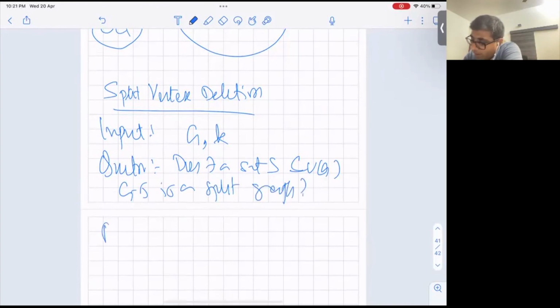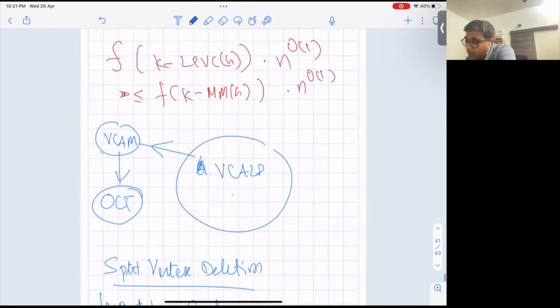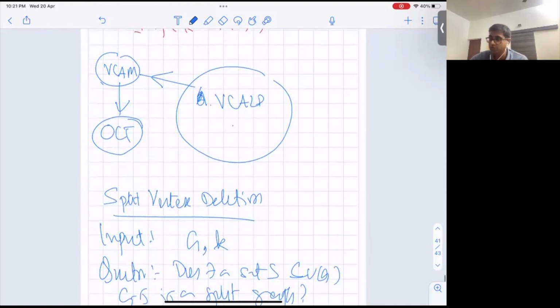My parameter was k. Do you think if we had an algorithm for vertex cover above LP or vertex cover above matching, we could solve the split vertex deletion problem also?